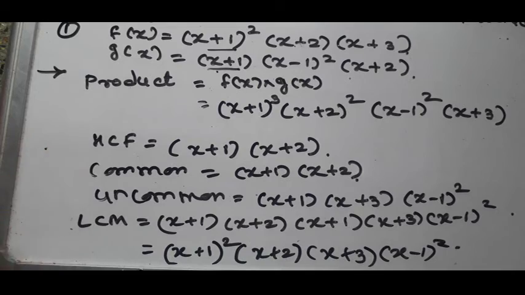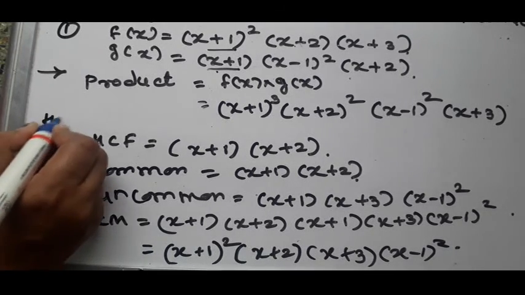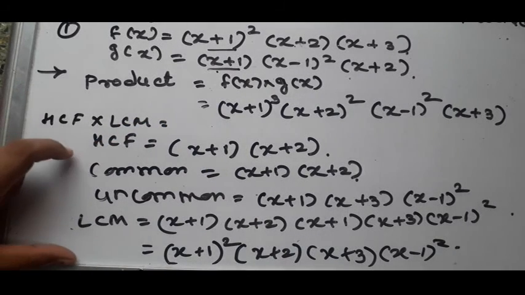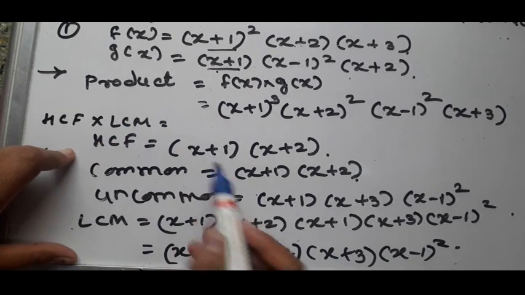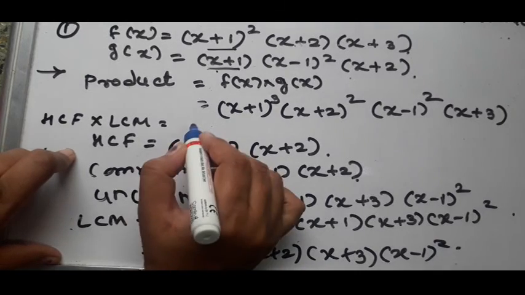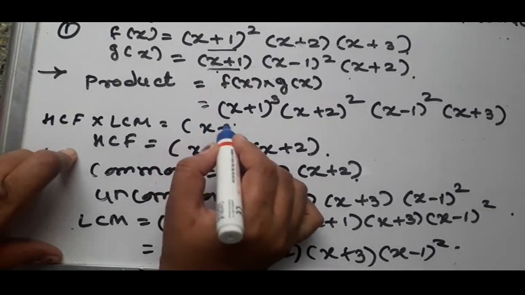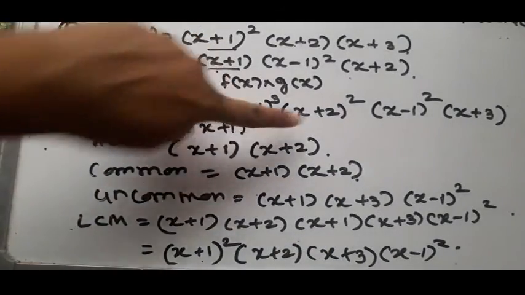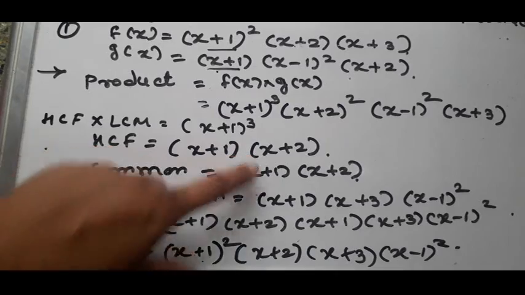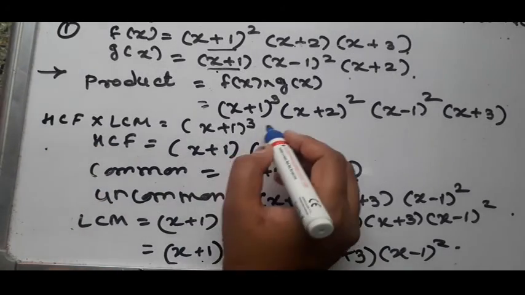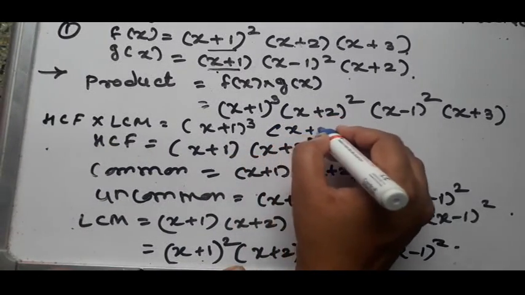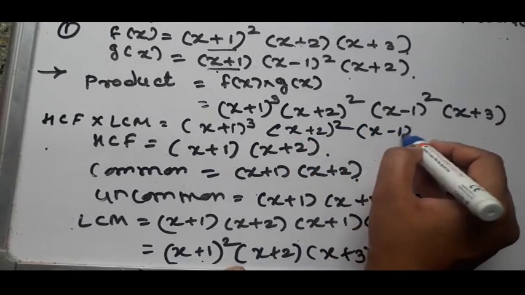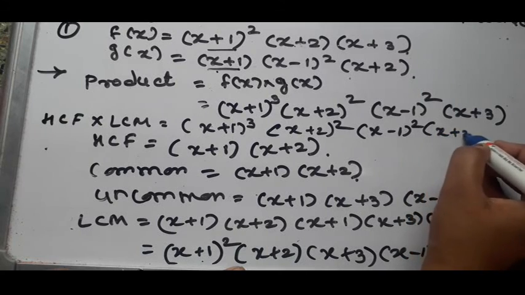If you multiply these two terms, HCF multiplied by LCM equals, see, when you multiply these two, here x plus 1 is once, here x plus 1 square, means that will become x plus 1 cube. x plus 2 square, here in the HCF there is x plus 2, and here in the LCM there is also x plus 2, so it will become x plus 2 square. x minus 1 square is two times, and x plus 3 is 1 time.